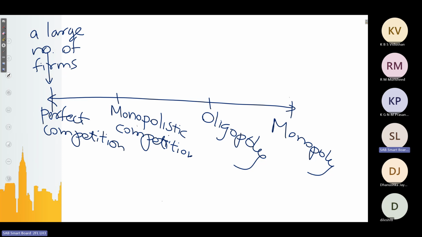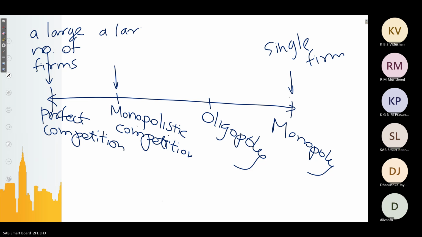In monopoly, we have only a single firm. In monopolistic competition also, we have a large number of firms. In oligopoly, we have a few firms.